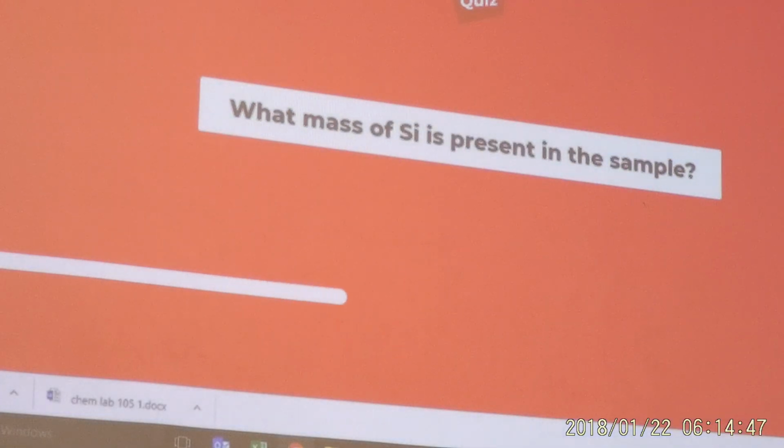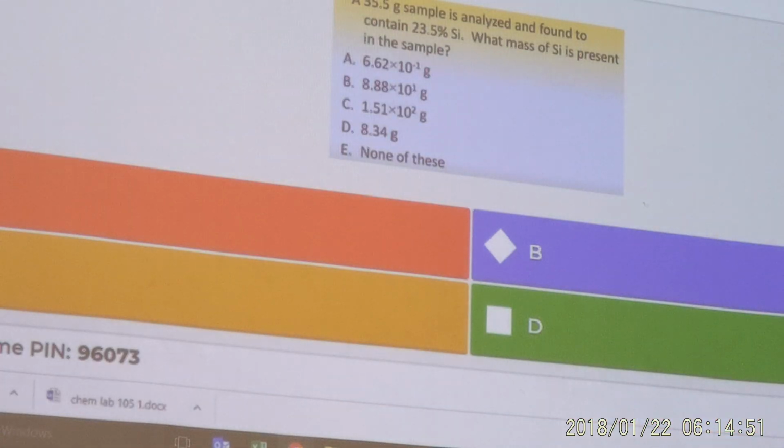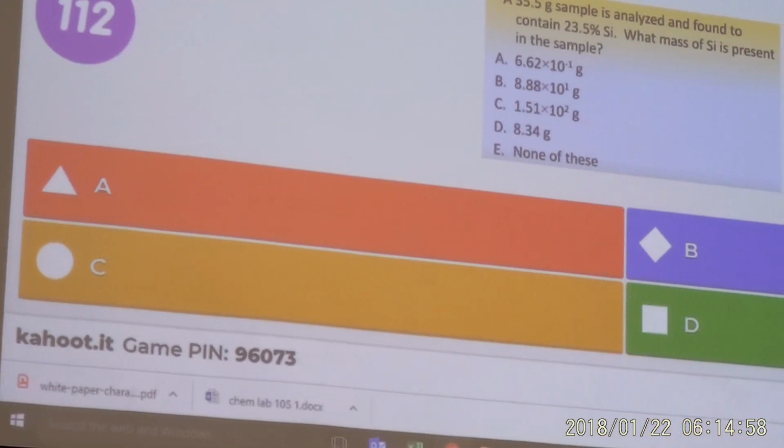It's going now? This is a little bit of a review.